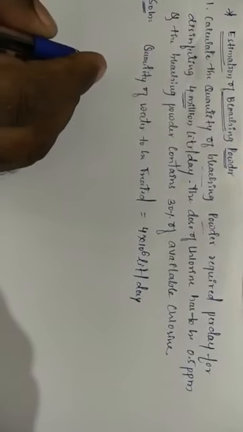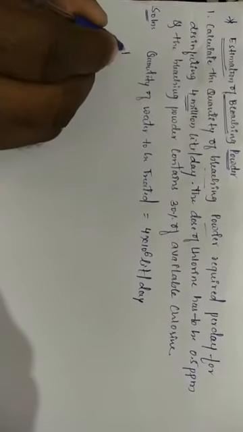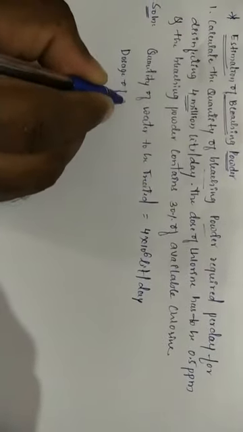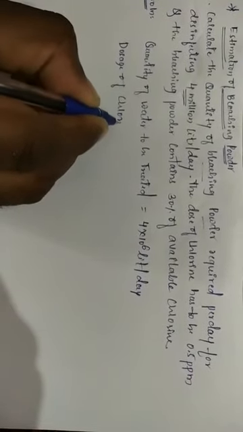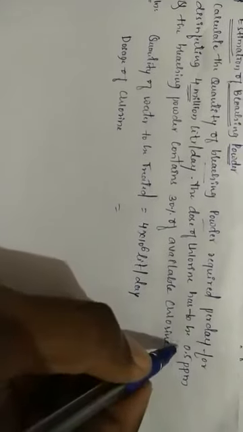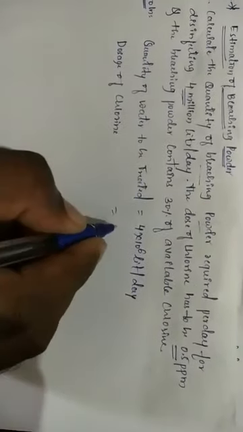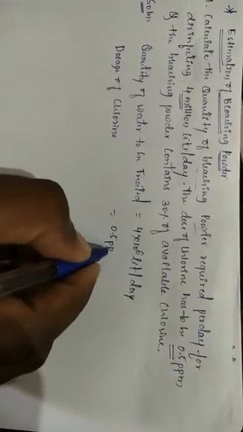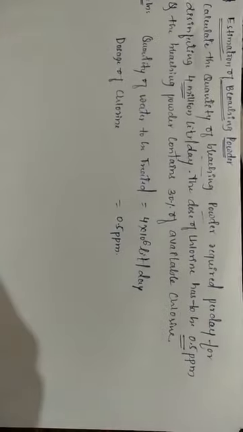And next, the dosage of chlorine. This is what they have given, that is 0.5 ppm, or you may call it mg per liter, 0.5 ppm.